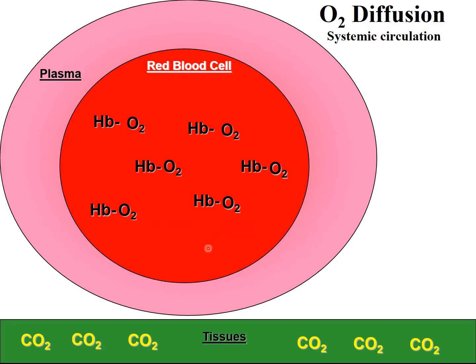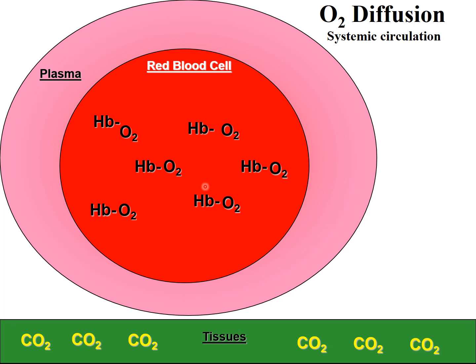Now, if you are looking at why the bicarbonate and carbon dioxide system is very important to control the hydrogen ion concentration, let's see what is going to happen. In the systemic circulation, the hemoglobin is oxygenated and this arterial blood goes to the peripheral tissue. What is going to happen in the peripheral tissue?